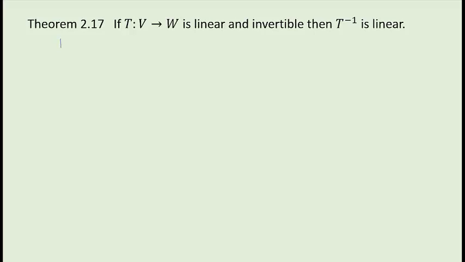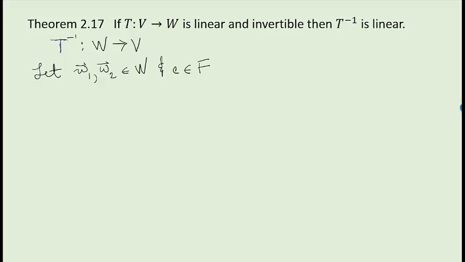We know that T inverse is a mapping from W to V, and we want to show that it is linear. It's one-to-one and onto. So let's start like we would for any proof that a function is linear. Let W1 and W2 be two vectors in W, and let C be in our field.